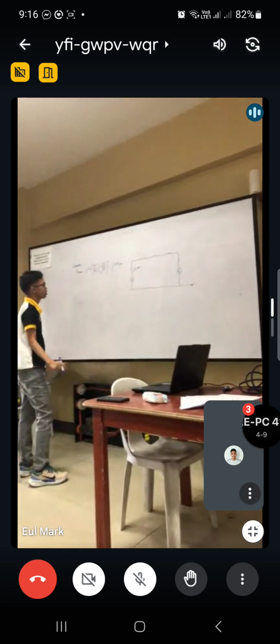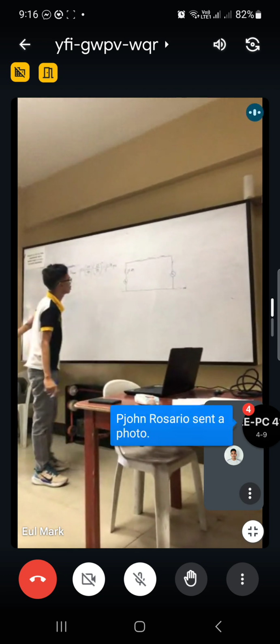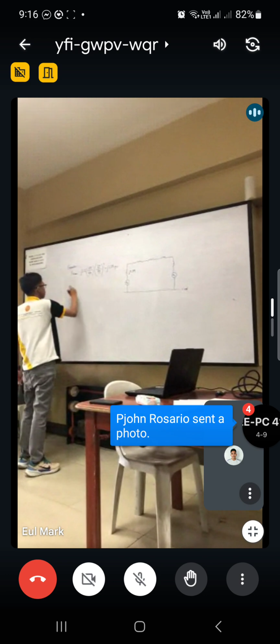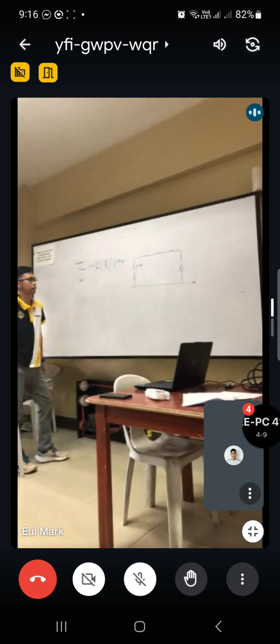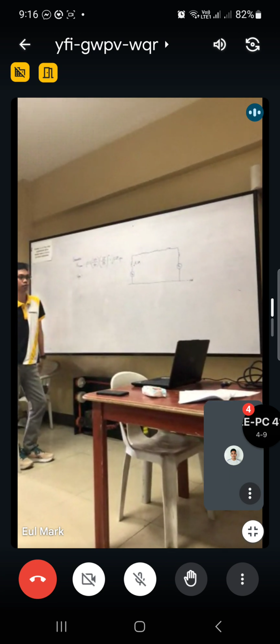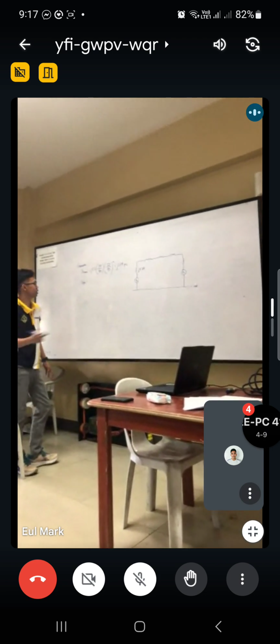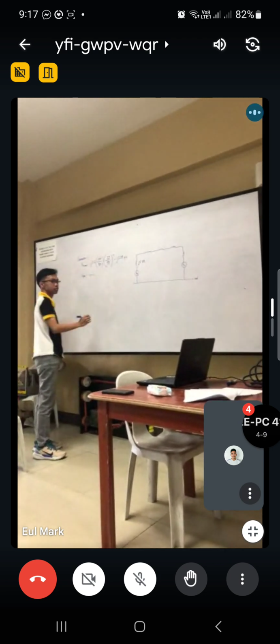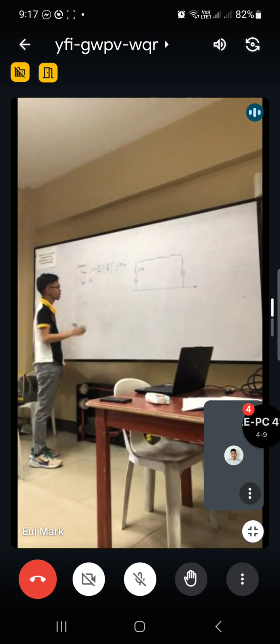Okay, how about the voltage? What is the per unit voltage? The first formula for per unit is actual over base. So what is our actual? 25 over 33, since the base is 33.